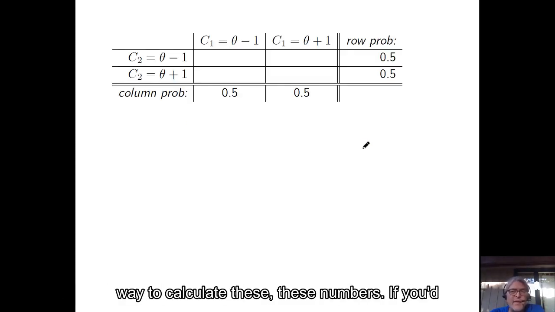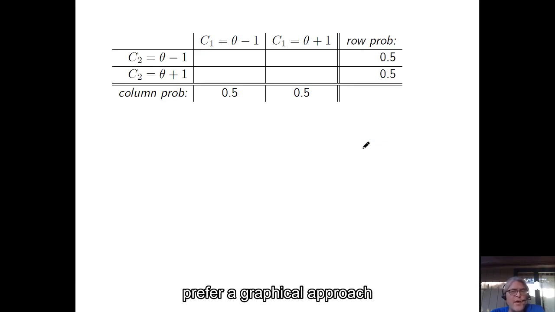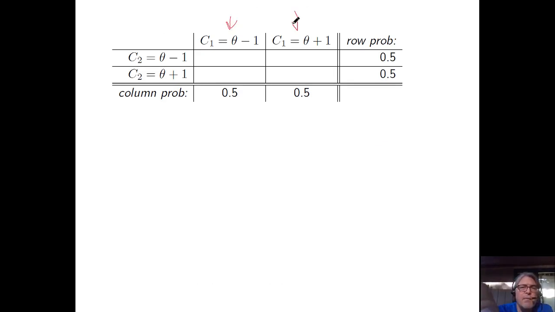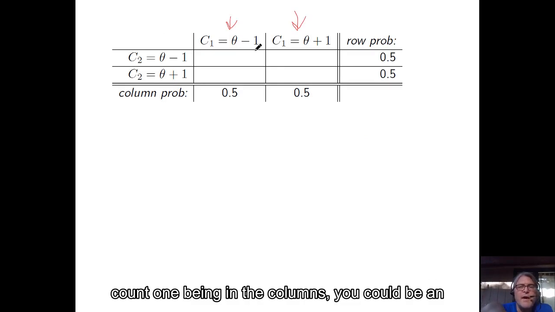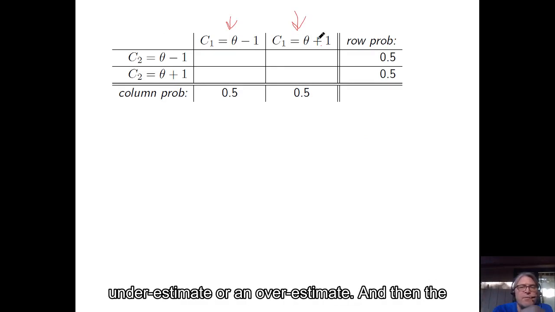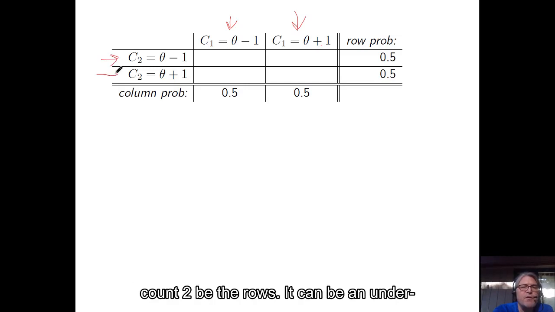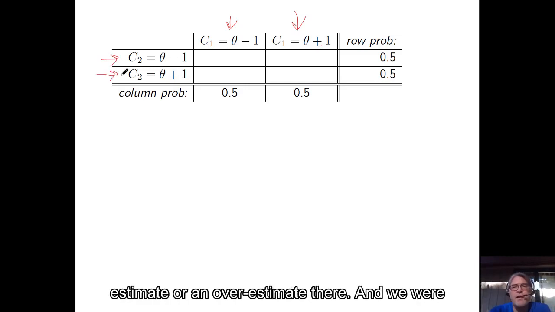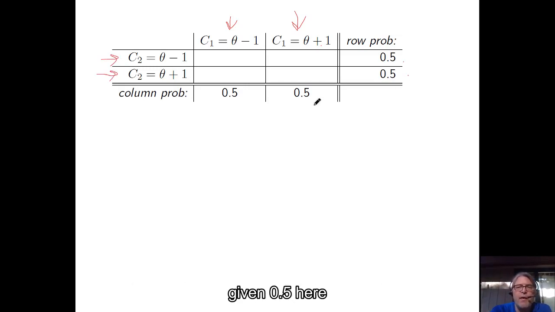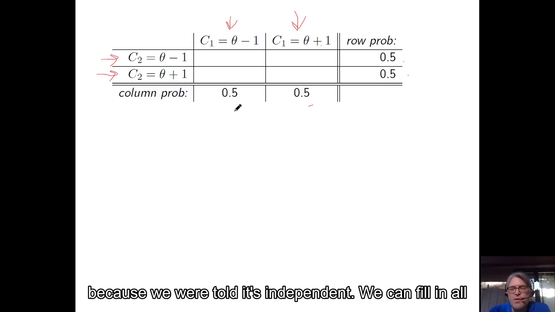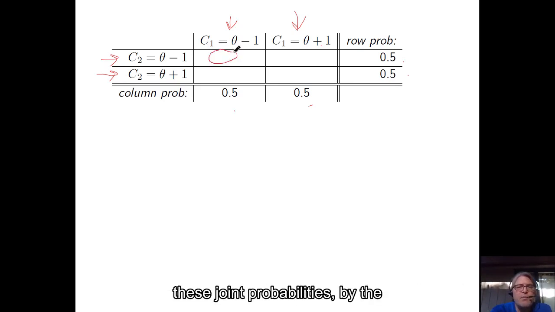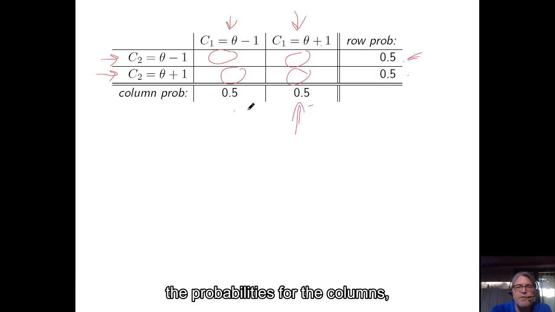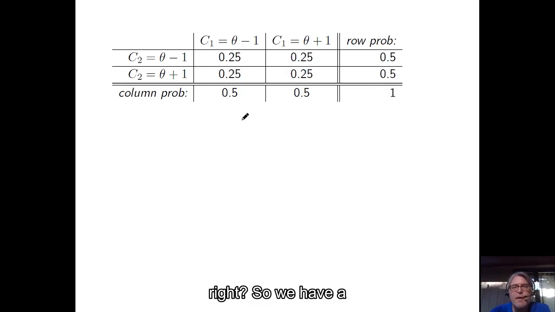Let's think about another way to calculate these numbers. If you'd prefer a graphical approach, we can think about count 1 being in the columns. You could be an underestimate or an overestimate, and then count 2 will be the rows. You could be an underestimate or an overestimate there, and we were given 0.5 here. And because we were told it's independent, we can fill in all these joint probabilities by the products of the probabilities for the rows and the probabilities for the columns, right?